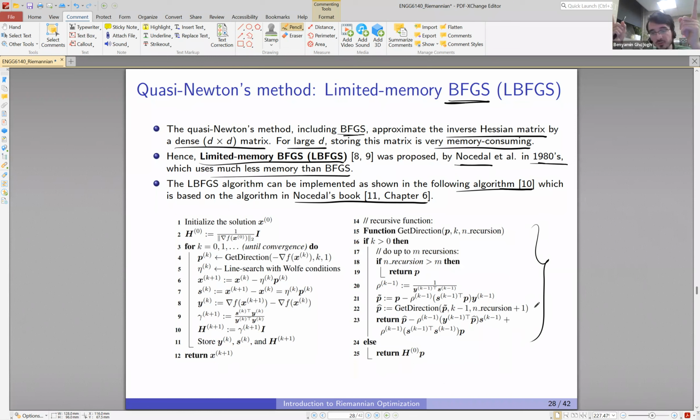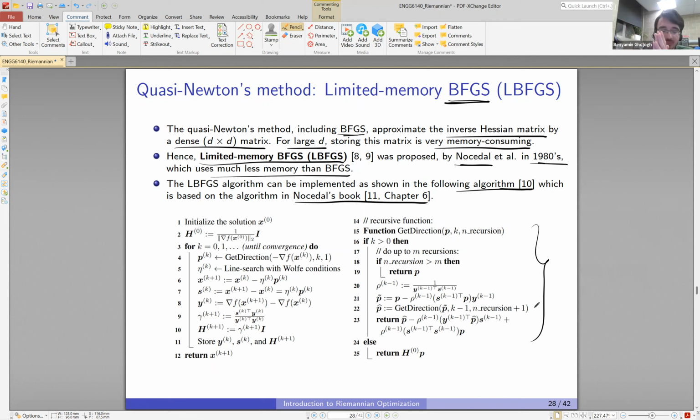We don't use a huge stack. If we used a huge stack, it would use a lot of memory and wouldn't be limited memory anymore. But as we are using a small stack, it's not using huge memory in the recursion, and therefore it's not an issue for the memory.